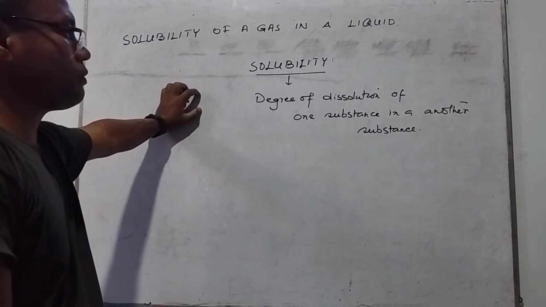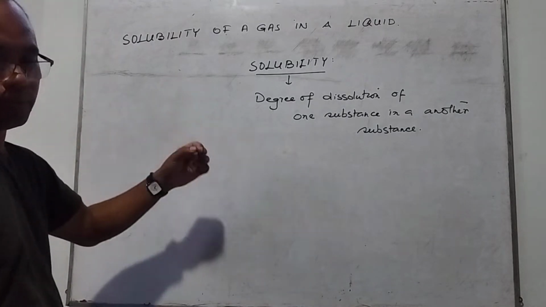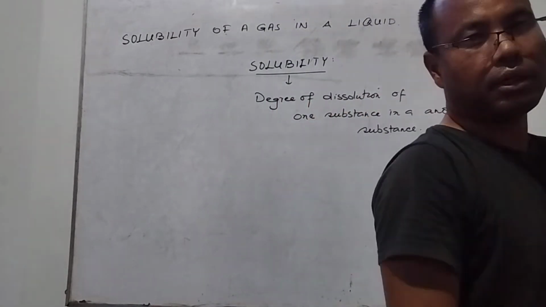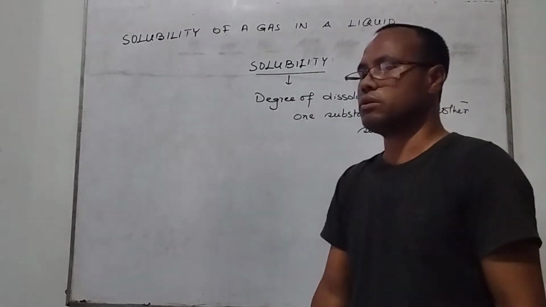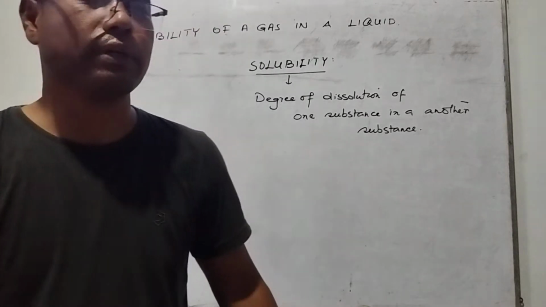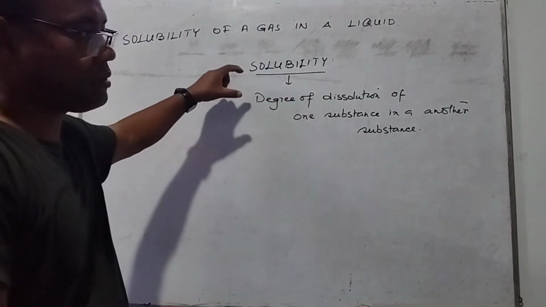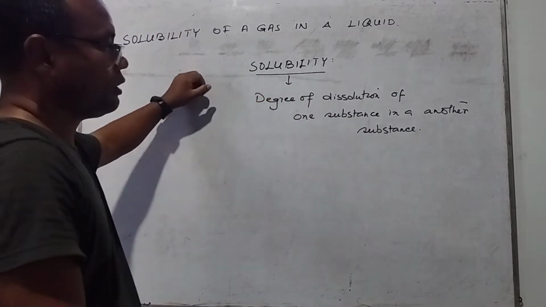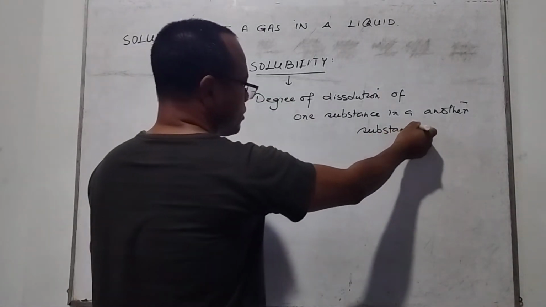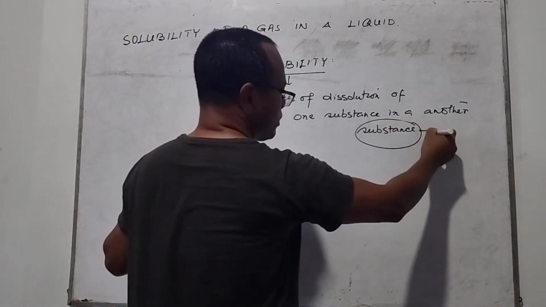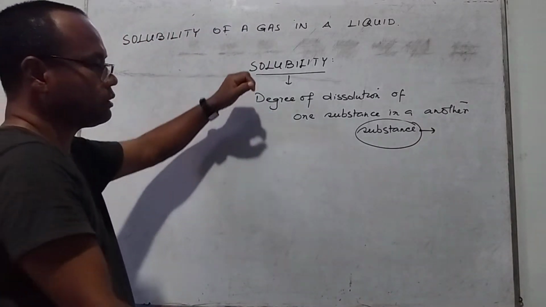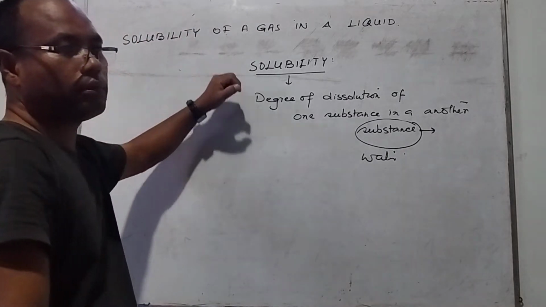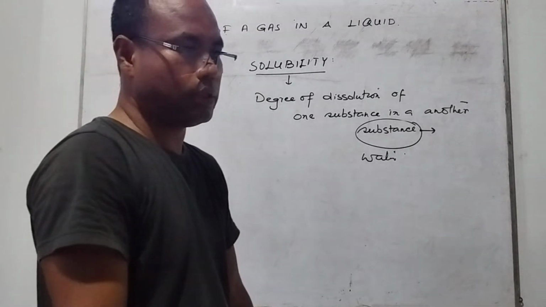Some substances have a very high degree of dissolution, and some have a very low degree of dissolution. That depends on the nature of the substance and the nature of the other substance. Mostly the solvents we use, like water, some are polar solvents, some are non-polar solvents.